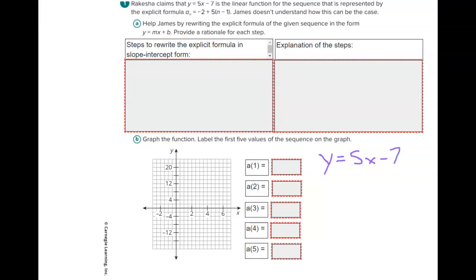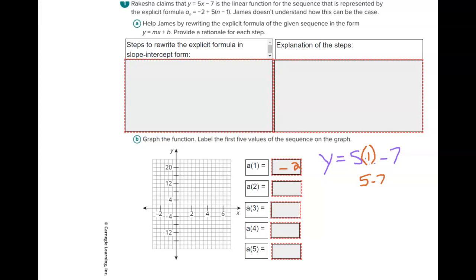What you're going to do is, in place of the x, you're going to put these different inputs, 1, 2, 3, 4, and 5. Let's start with 1. So in place of where that x was, you're going to put the 1. 5 times 1 is 5. 5 minus 7 equals -2.